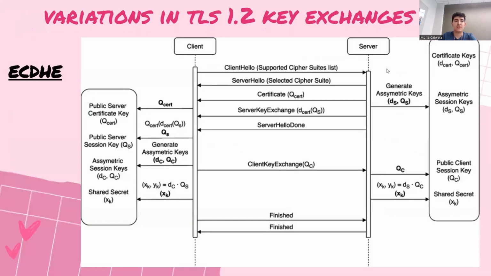Okay. So now, variations in elliptic curve Diffie-Hellman ephemeral. So the server generates a random private key, which is d_S, and it computes the corresponding public key, Q_S equals d_S times G, where G is the base point chosen on the elliptic curve.